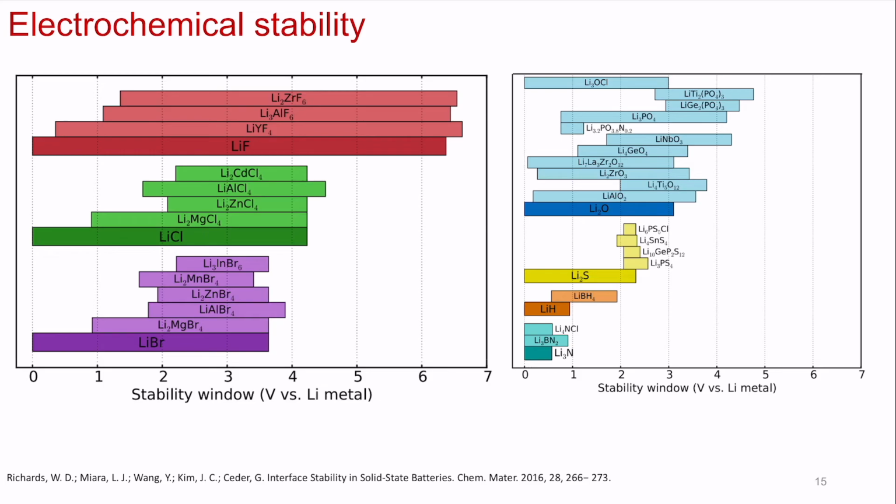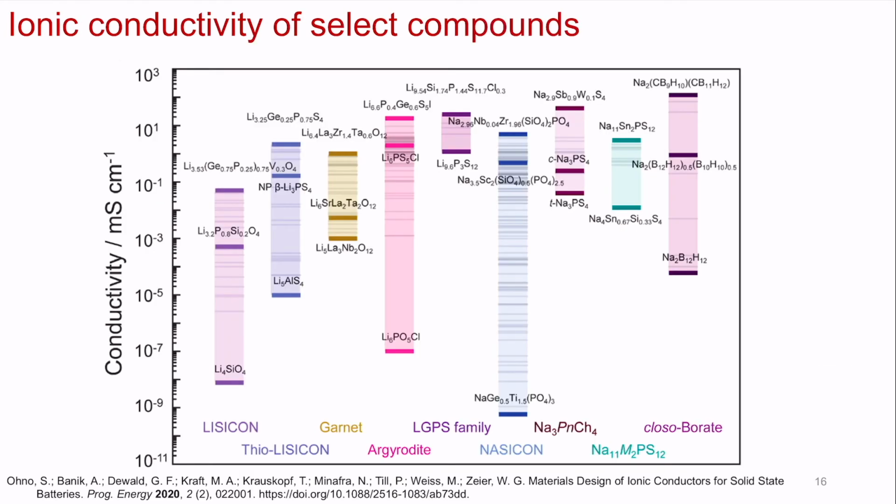And then there's the ionic conductivity. In selecting the families, the antiperovskite that we talked about, the argyrodites, the garnet, the LISICON, thio-LISICON, LGPS, and all of that, you can try to pick the higher ionic conductivity from all these families of compounds.